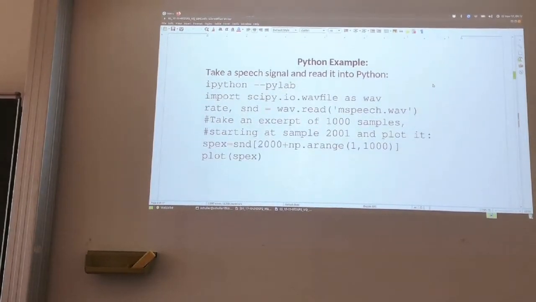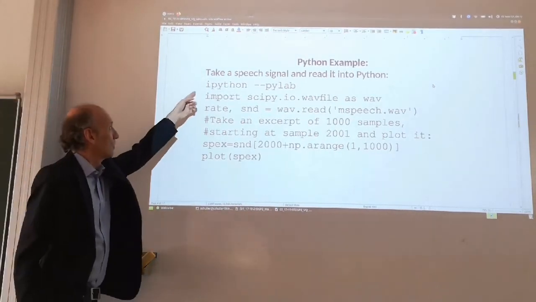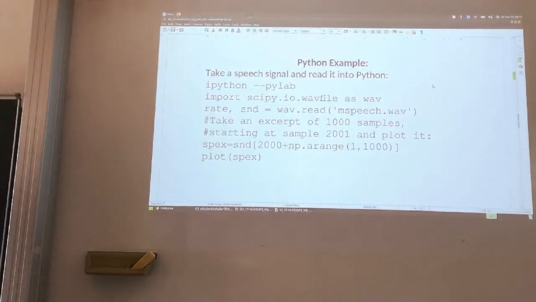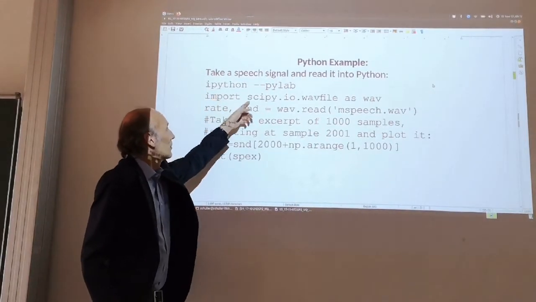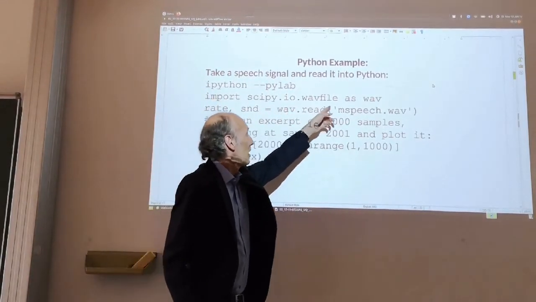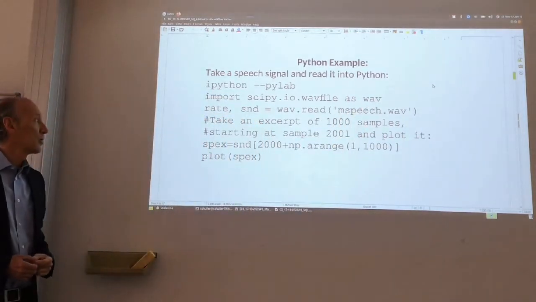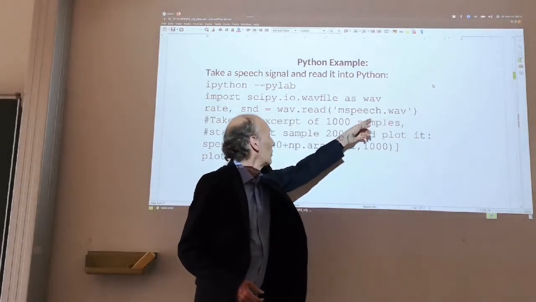So we can also try a Python example where we actually try a speech signal, as I did here. So we use IPython. Everybody knows how to use IPython? Okay. So here we use IPython, and we use the scipy.io wavfile library as wav to read in a speech file, which we do here on the next line. wav.read mspeech.wav.